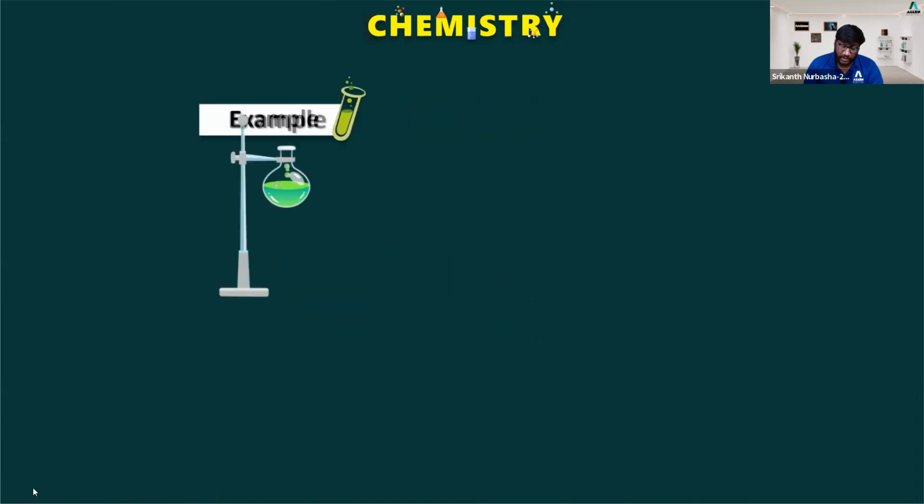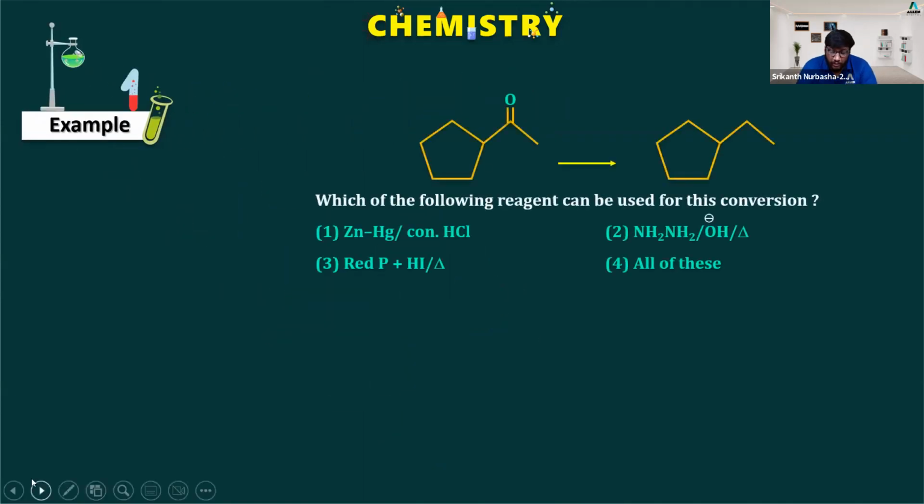Example, try to solve this example. We have this particular compound given to you. Which of the following reagents can be used for this conversion? Zinc amalgam in the presence of concentrated HCl, NH2NH2 in the presence of OH minus, red phosphorus plus HI upon heating, or all of these?